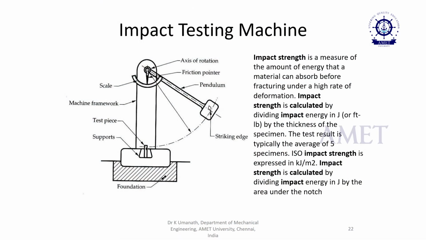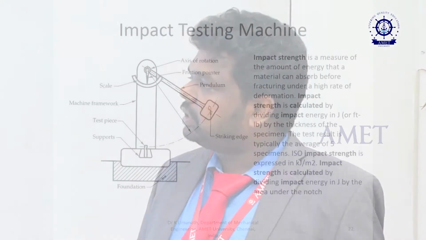This is an impact testing machine, used to measure the impact strength of a metal or steel. It is called the Charpy impact test or Izod impact test; we call it by two names, based on the test specimen, loading conditions and pendulum condition.